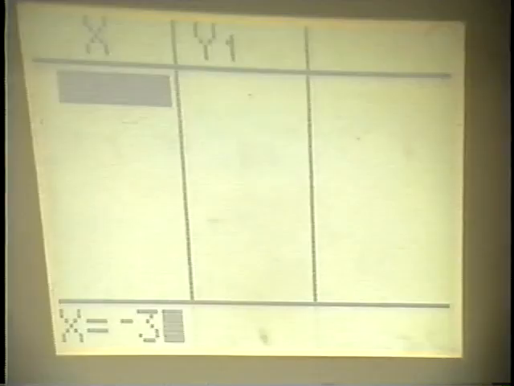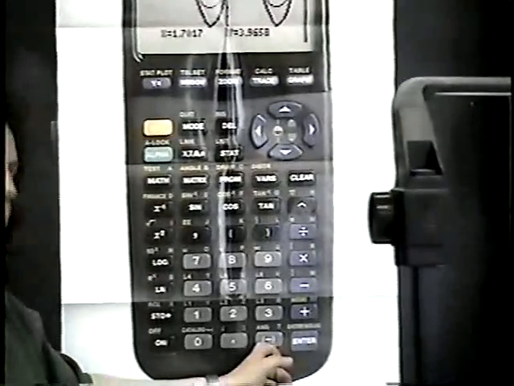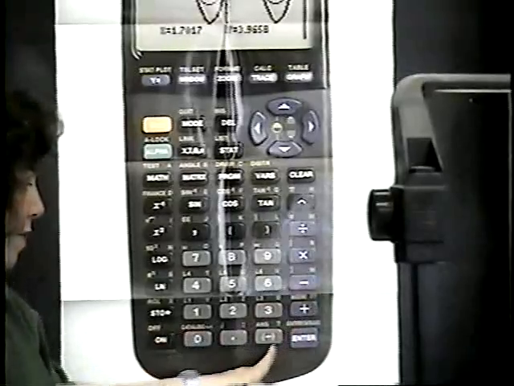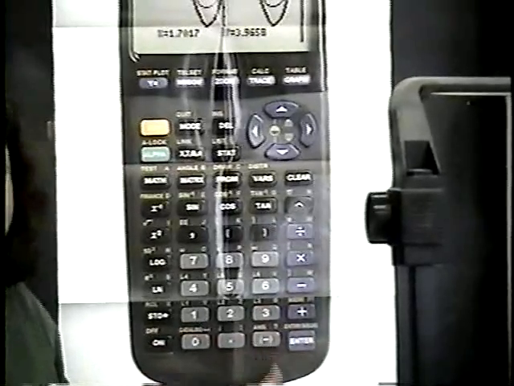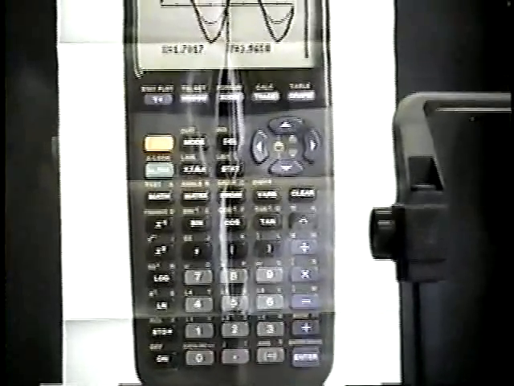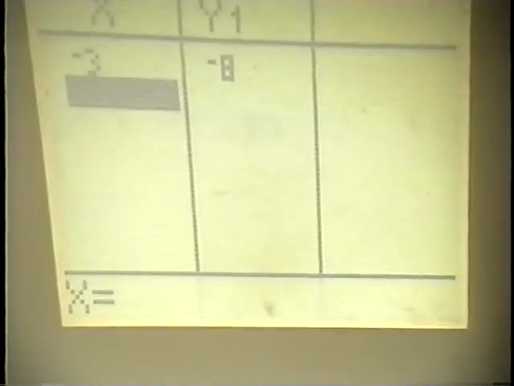Now when I wanted -3, I used the minus sign on the bottom, not minus here, but this one in parentheses to indicate the number -3. So I hit my -3 and I hit enter, and it tells me the corresponding Y value is, of course, the function is Y equals 1 minus X squared. So if you're substituting in -3, 1 minus 9, of course you should get -8.